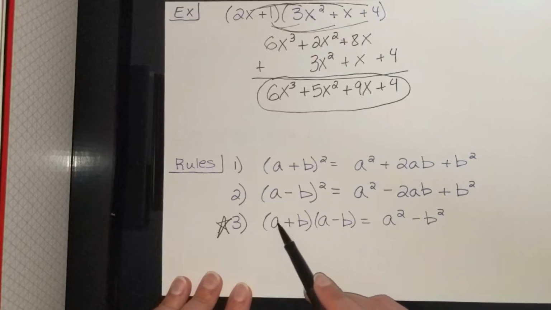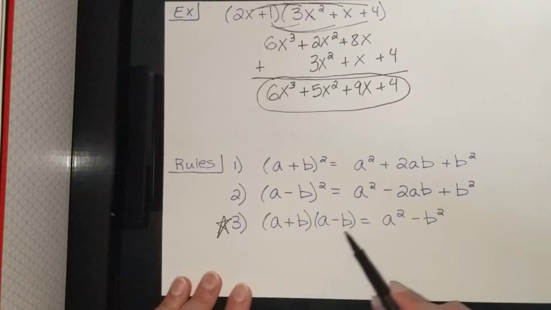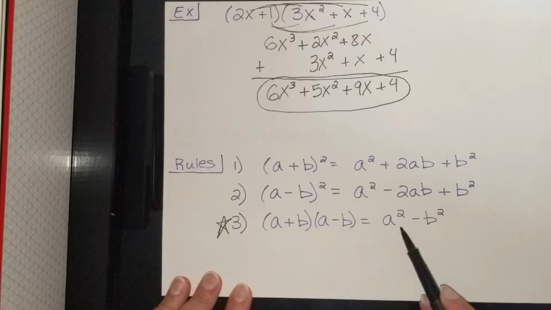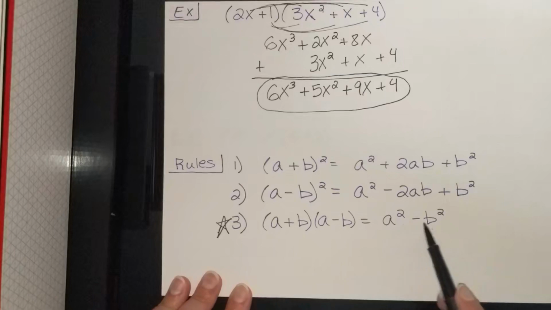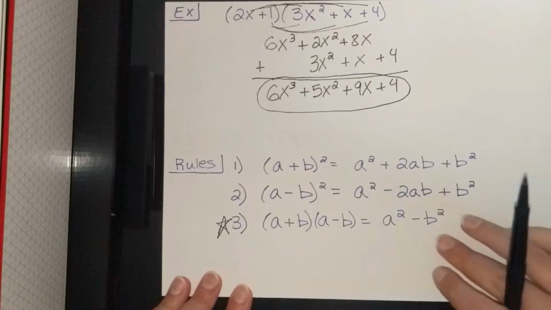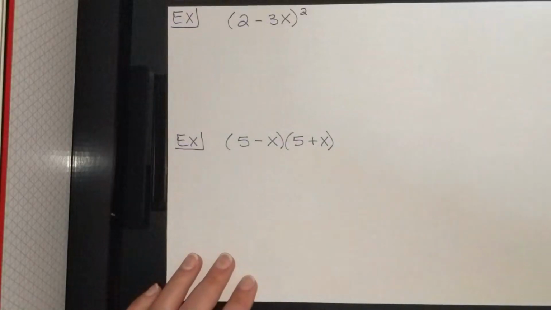If you have some polynomial a plus b, and then the same polynomial but with a negative between them, a minus b, when you multiply it out, you will always get the first term squared, a squared, minus the second term squared, b squared. It is a difference of squares. That's why we call it such. So, let's go ahead and try these out.